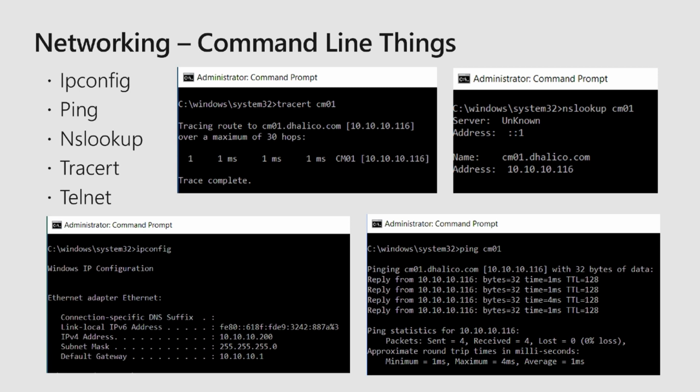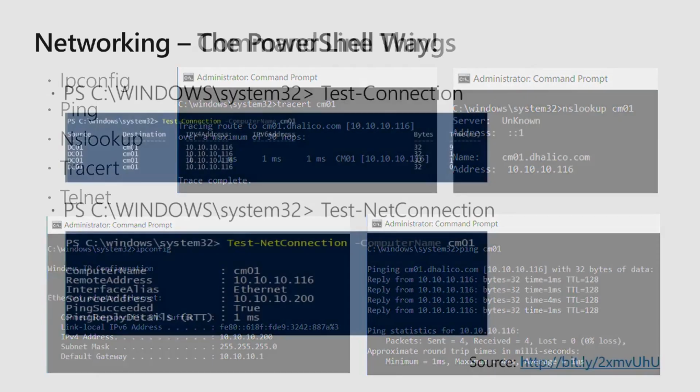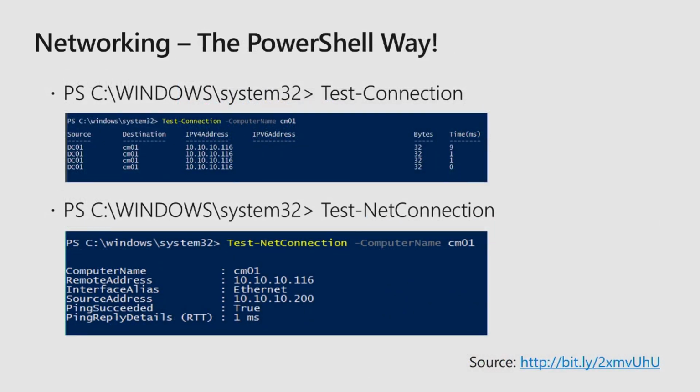These things still work. They're still good. But it's better if you use PowerShell. With PowerShell, all of that stuff is replaced by these commandlets. Simple, easy. It does all of that stuff for you in one shot.